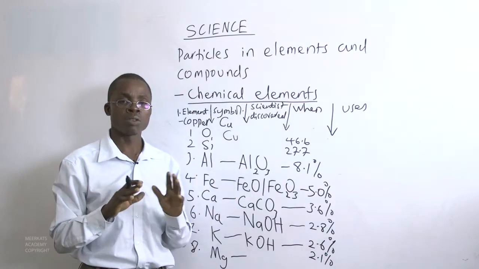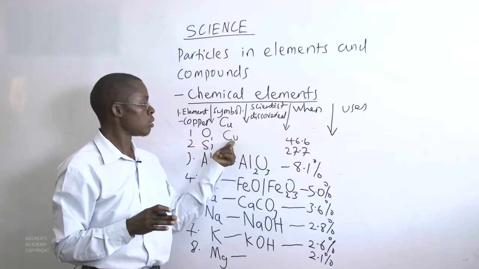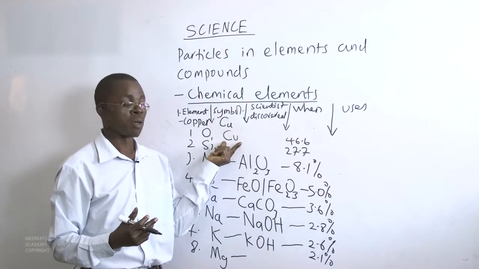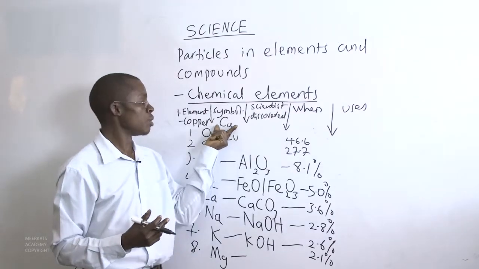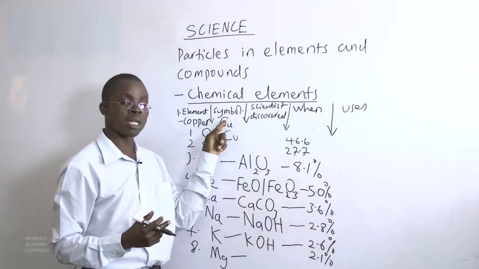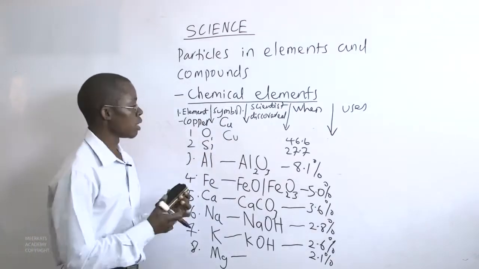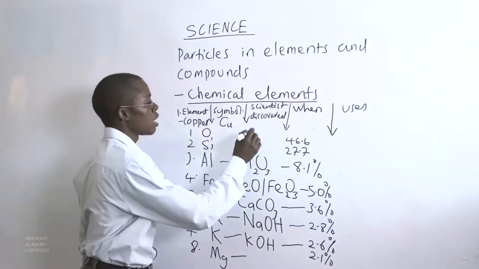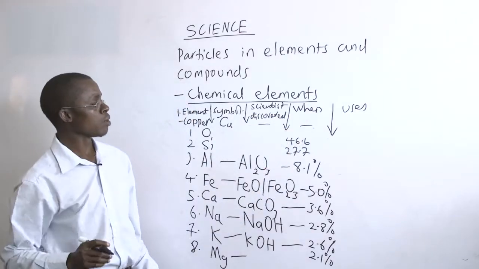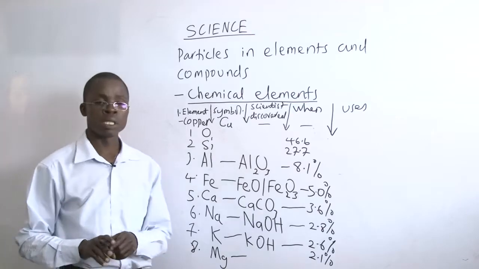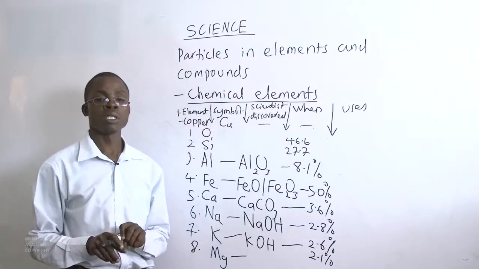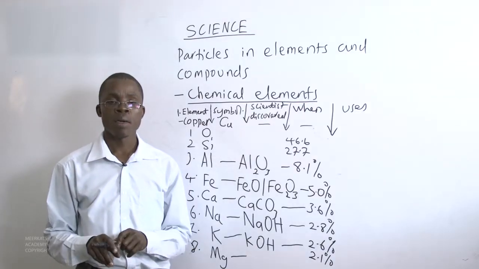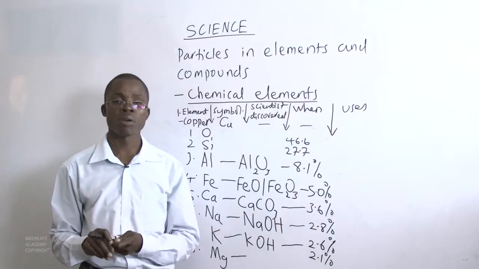Remember, chemistry and English are two totally different subjects, and you don't interpret this one the English way. In the English way, it will be said to be correct, but in the chemistry way, this is wrong. So the best way to write copper is the way it is written up here and not down here. When was it discovered? Similar to lead, it was used in the ancient times, so we cannot pinpoint. And uses, this is a metal that was commonly used in making coins, that's money, but can also be used in making electrical wires.